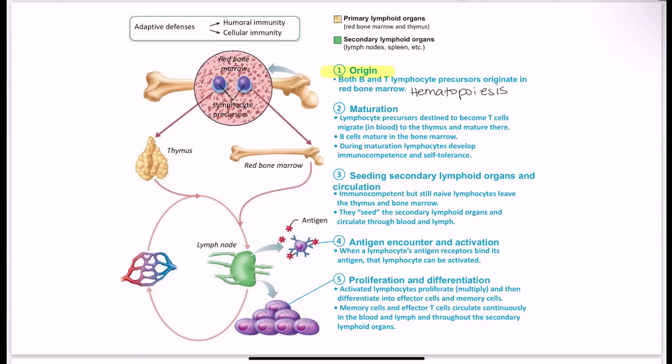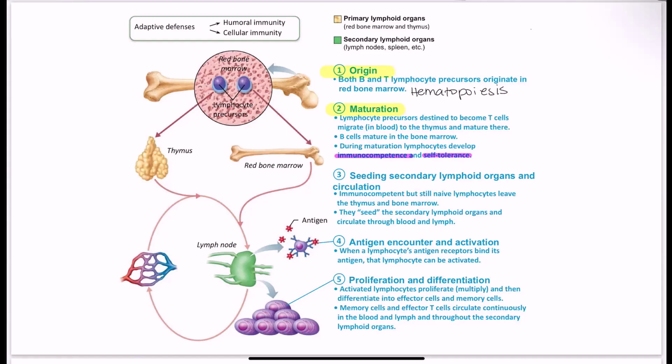In step 2, that maturation process is where we gain two qualities. I'm going to highlight them in pink. We gain the qualities of immunocompetence and self-tolerance.